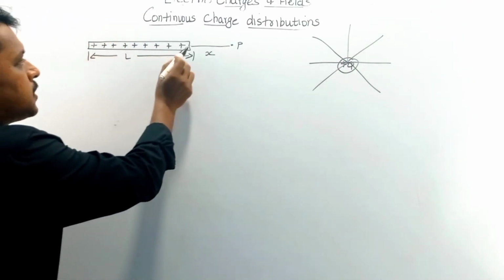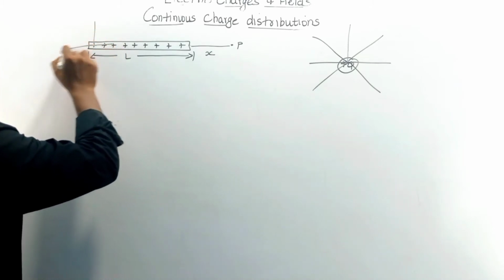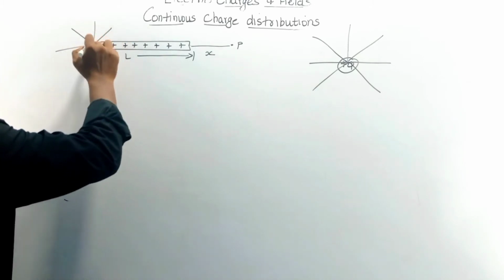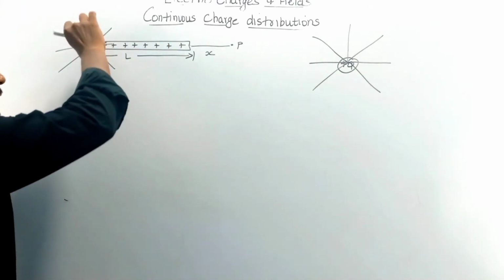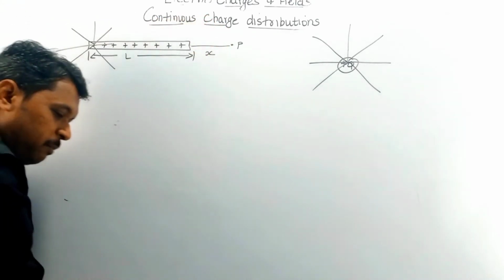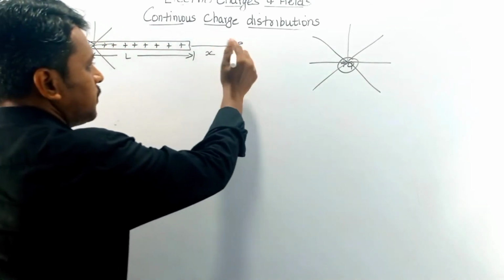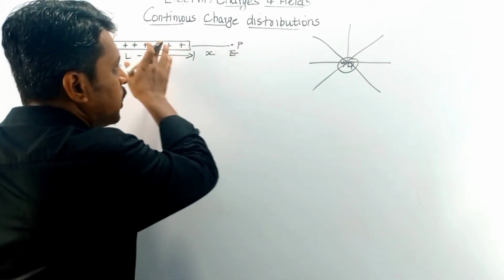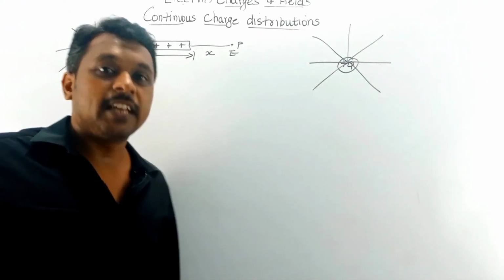For all the charges, we see that mostly this direction of electric field will pass through this point P. So the electric field is directed in this direction at point P for this arrangement.